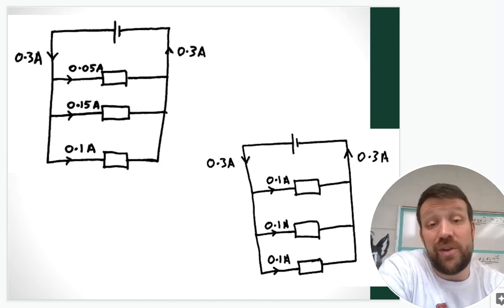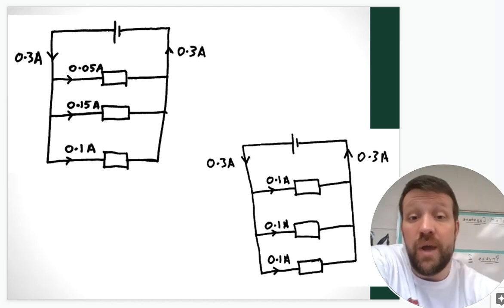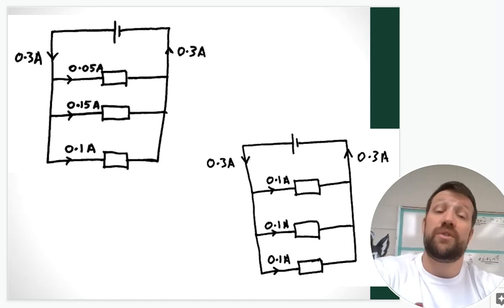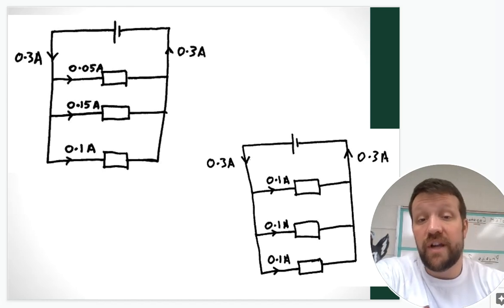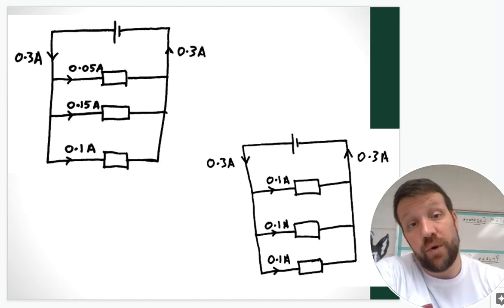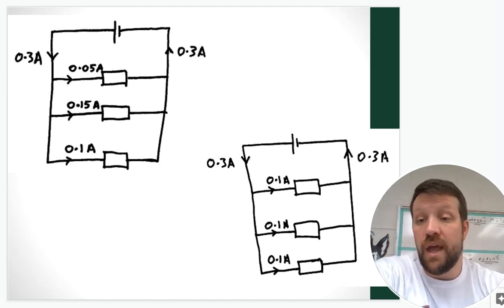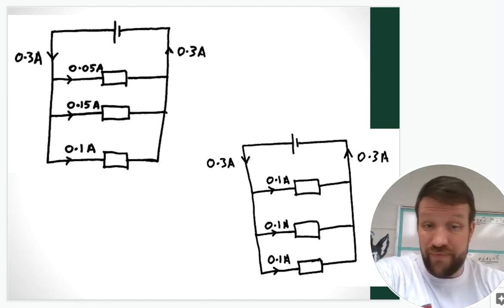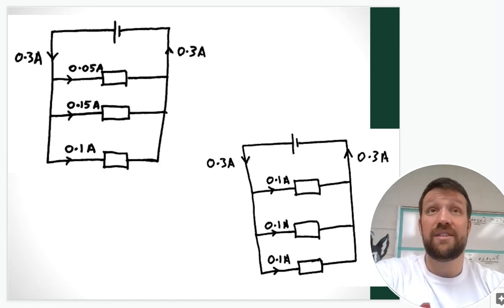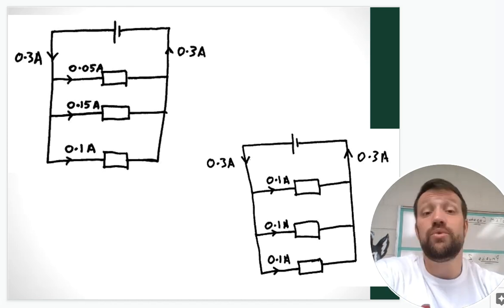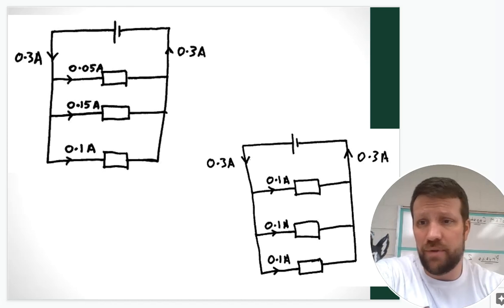So it really depends on what you're putting into these circuits also, not just what the voltage source is. The current's going to be very dependent on both the voltage source and whatever resistors you're putting into a circuit. Now, in reality, these are both very, very simple, and the way that we actually are going to use and create circuits is going to be much more complex than this.